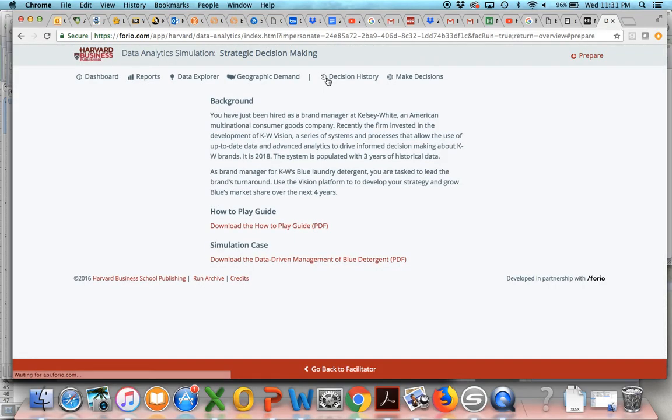But if you've played it through once and you're in the second time, if you click on the Harvard logo up here, you get a little pop-up menu and it will let you look at previous runs through the simulation. So you can see, what did you do, how did it go, and what might you want to do differently.